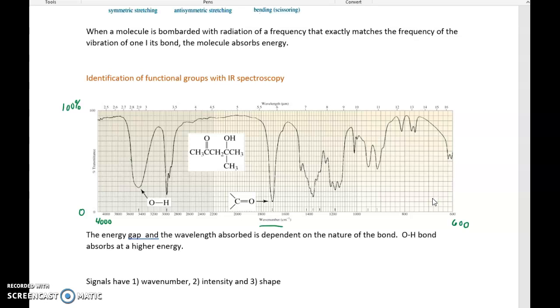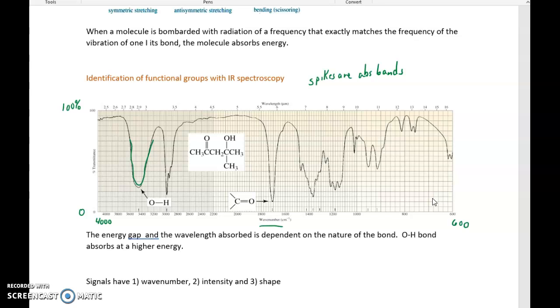This is a peak because it's showing absorption. The spikes here are absorption bands. What else did I want to say about these?